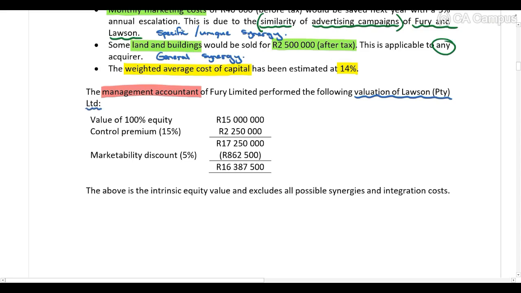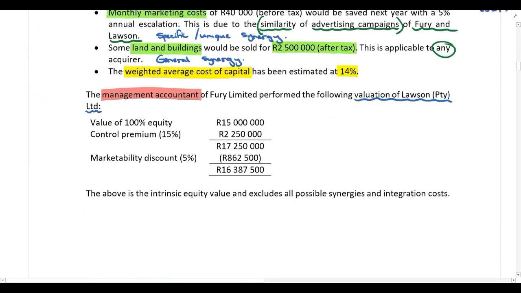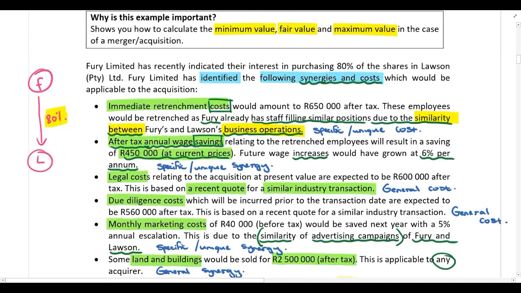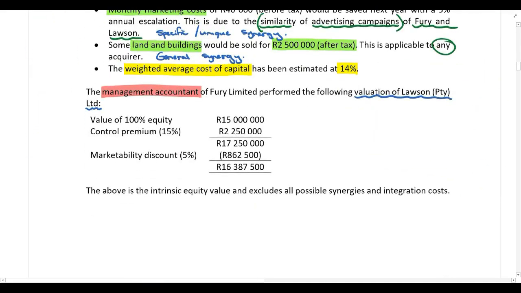The target company has been valued, and you can see they've taken a control premium into account, and the reason for that is because Fury is going to be buying 80% of the shares in Lawson, so they are valuing a controlling interest over here, so that's why they've added a control premium. They have also deducted a marketability discount, and that is because Lawson is a Pty Limited, so that has already been done for you. So you've got the value over here of Lawson Pty Limited after taking into account the owner level premiums and discounts.